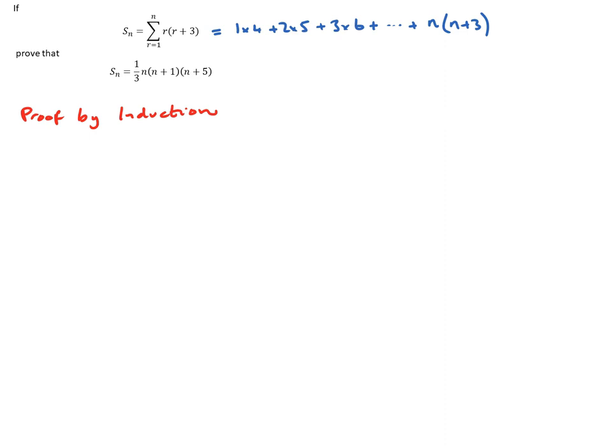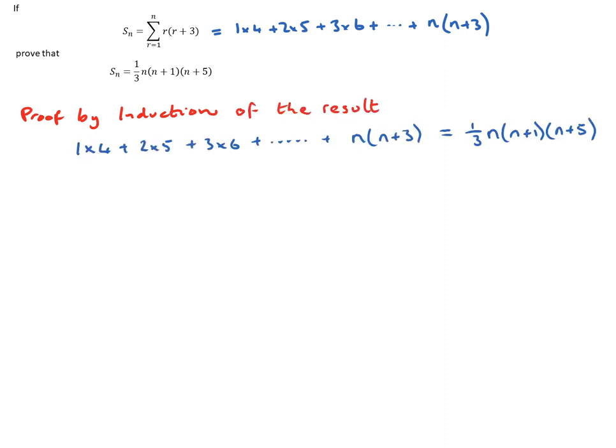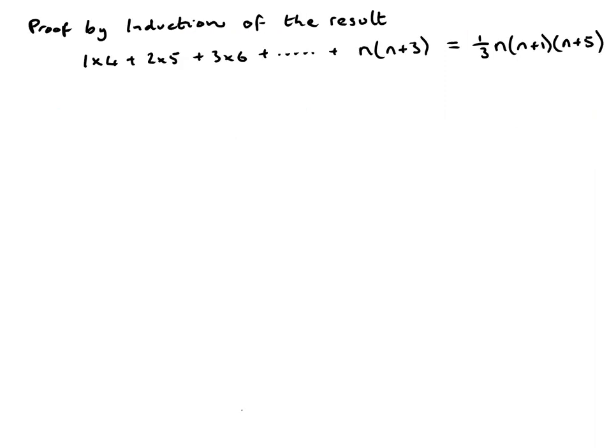So what we really want to prove at this stage is that Sn, in other words 1 times 4 plus 2 times 5 plus 3 times 6 all the way along to n times (n plus 3), is equal to 1/3 n plus 1 n plus 5. We're going to start by producing this proof using the method of induction. We must start with the case when n equals 1.